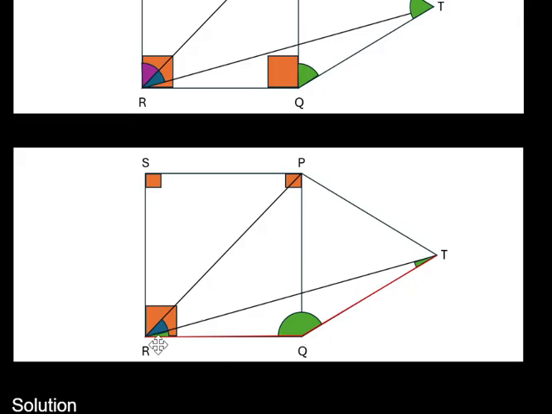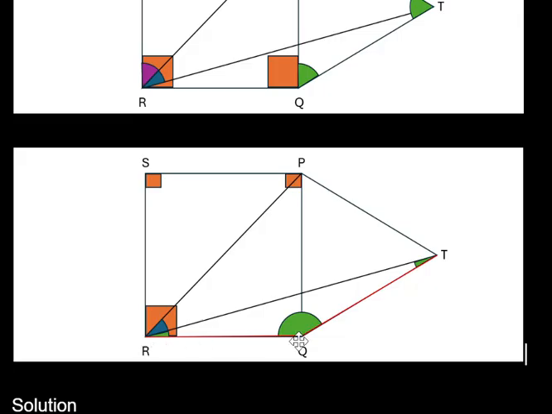Repeat, PQ is the same length as RQ. If PQ is the same length as RQ, it also means that QT is equal to RQ. Why? Because it's an equilateral triangle. So this length is equal to this length is equal to this length.